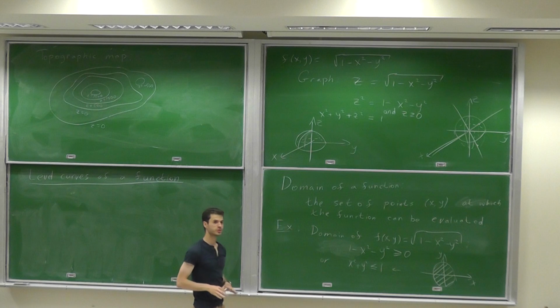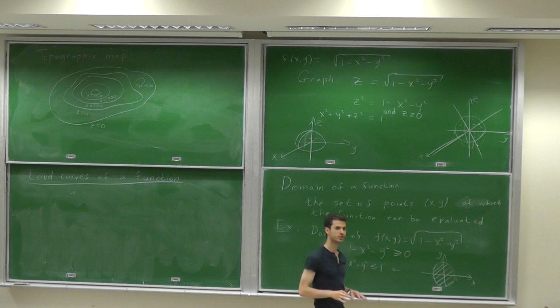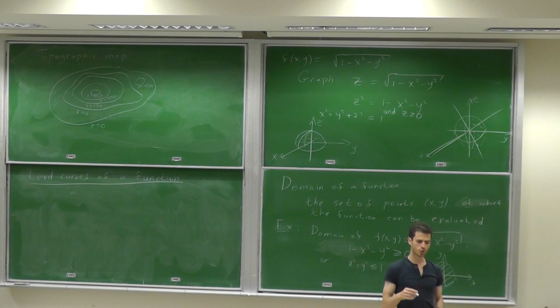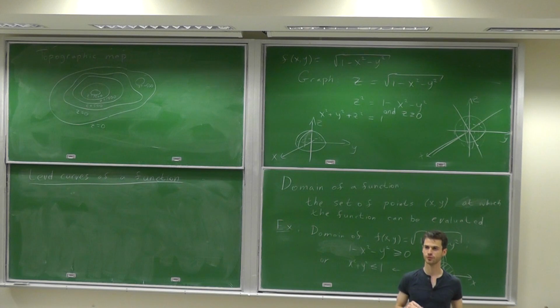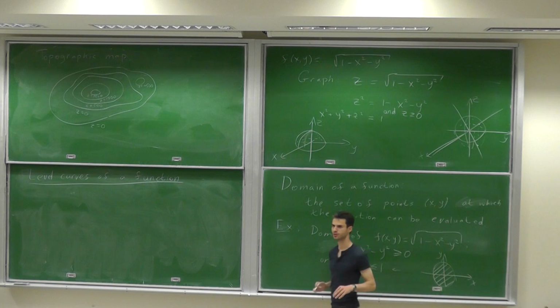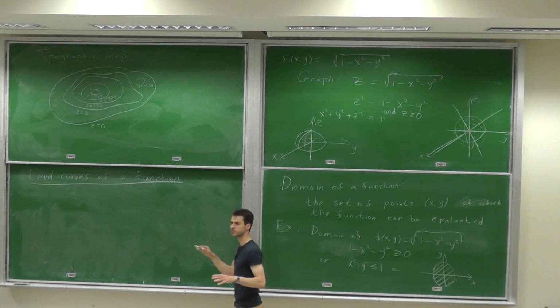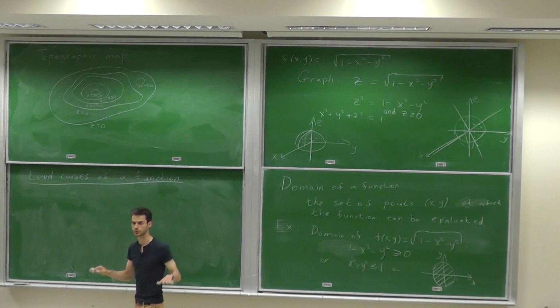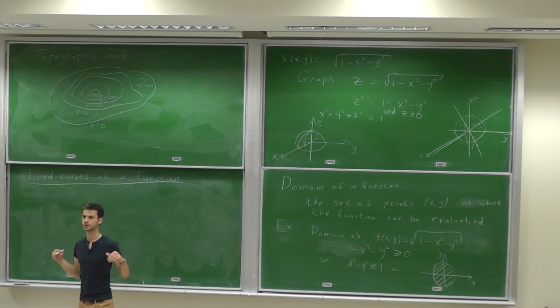So what happens is, given a function, I want to understand on what points in the plane the value of my function is, say, 0. On what points the value is equal to 1. On what points the value is 2. And then I'll plot all these different curves where my function is equal to 0, where it's 1, where it's 2, and so on.